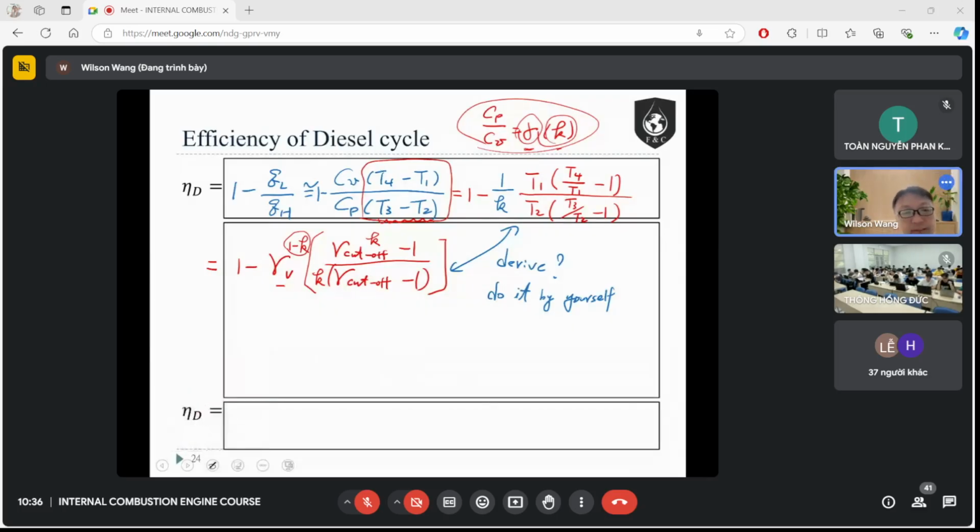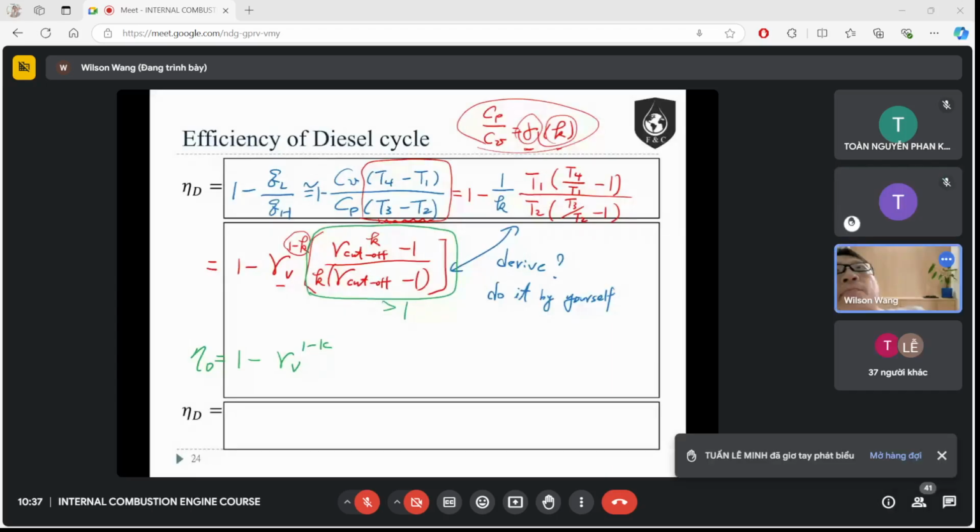And we know this part is larger than 1. Compared to the Otto cycle, the efficiency of the Otto cycle is 1 minus the compression ratio to the power of 1 minus K. If you compare the efficiency of the diesel cycle and the Otto cycle, the difference is this part, and this part is larger than 1.